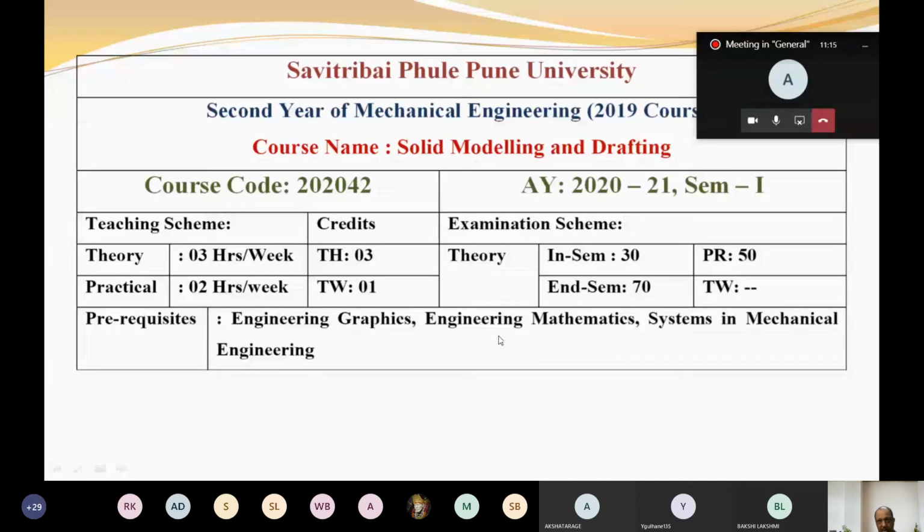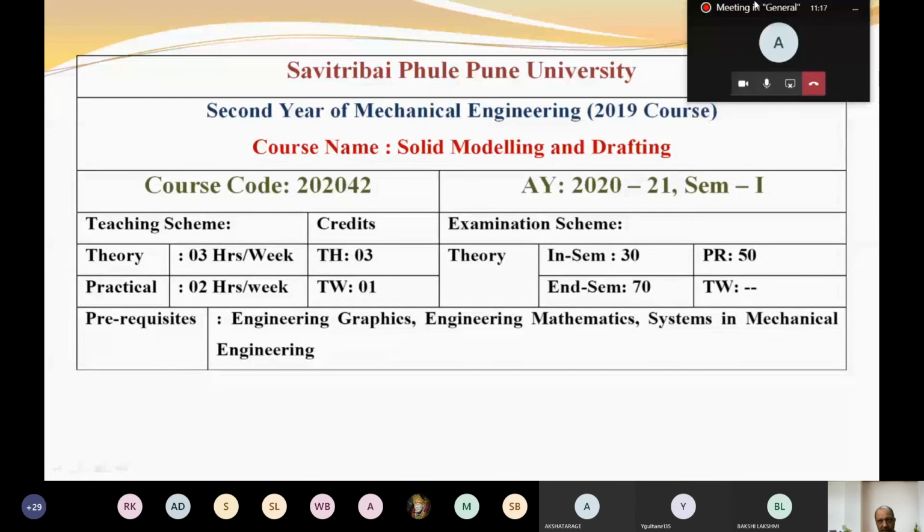So the pattern, as you know: 3 hours per week, total credit 3; practical 2 hours per week, credit 1. The examination pattern will be 30 marks in-sem and end-sem 70 marks. Practical will be conducted for 50 marks.